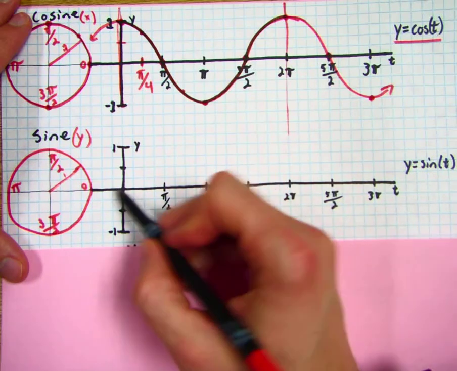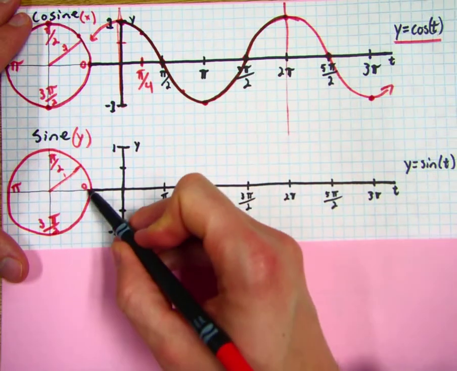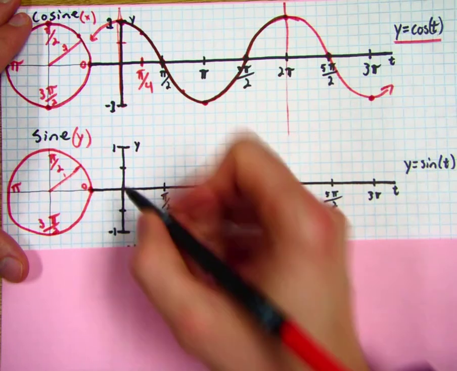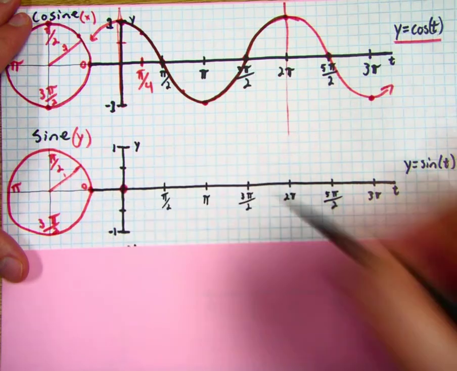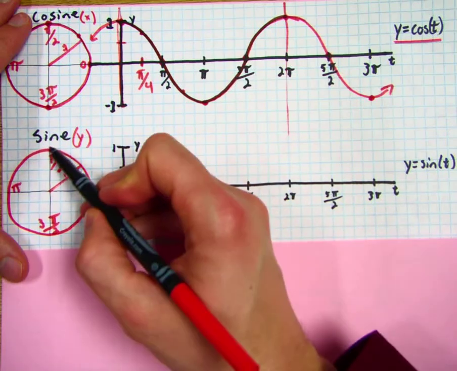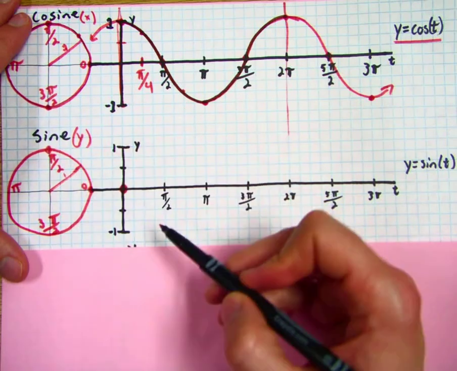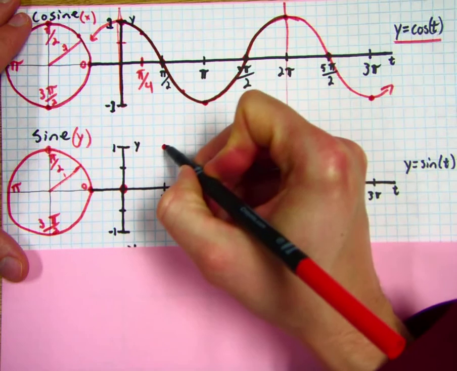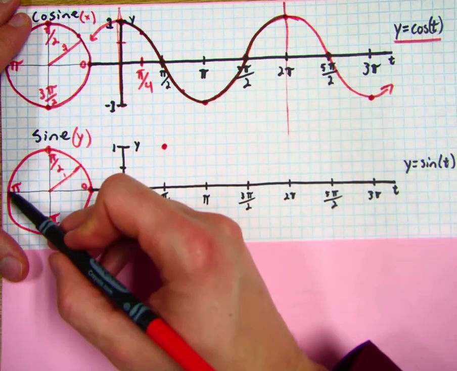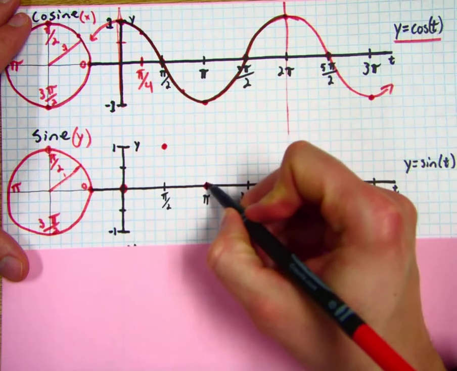All right, so when t is 0, when I'm at 0 radians, my y-coordinate for this point is also 0. When I get to pi over 2, my y-coordinate for that point is 1. And then when I get to pi, I'm back to a y-coordinate of 0.